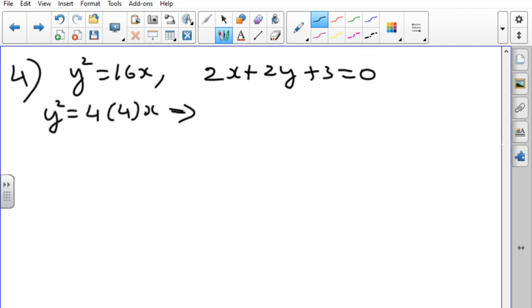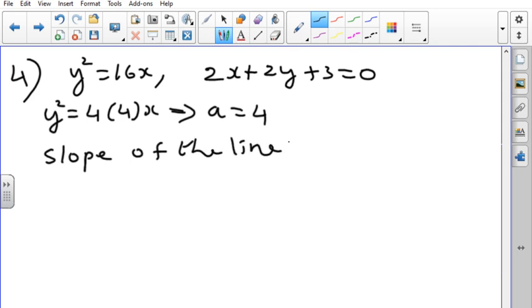So, from this what you get? A is equal to 4. And what about slope of the line? Slope of the line, we can take it as m, and m is equal to minus a by b, so minus 2 by 2, which is equal to minus 1.